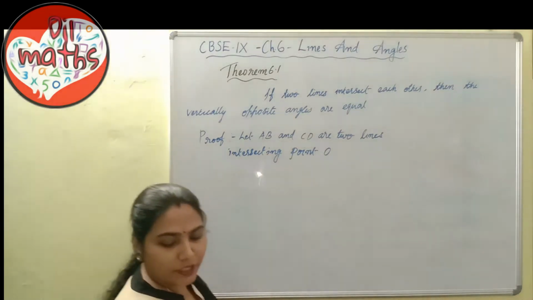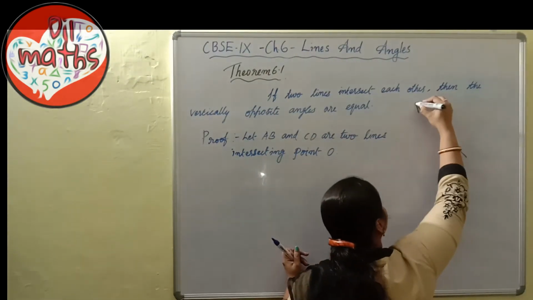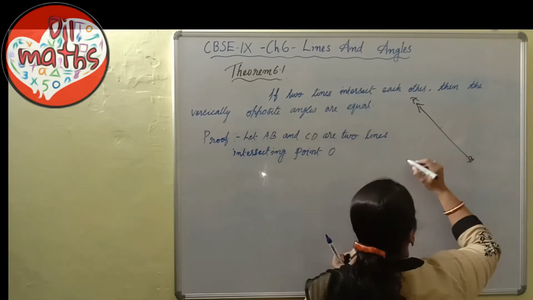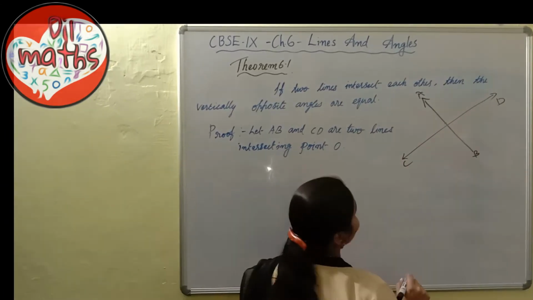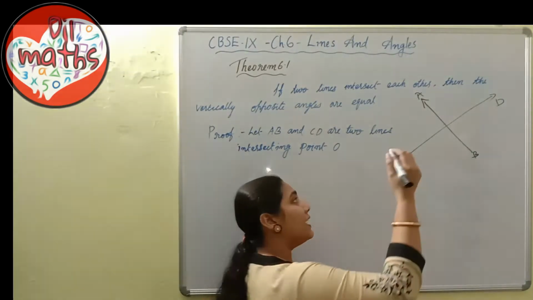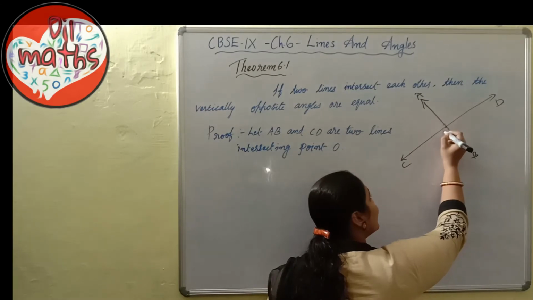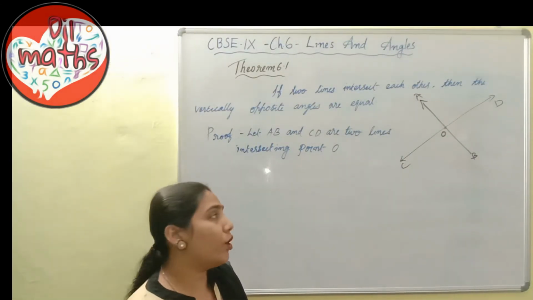Then what will be our figure? AB and CD are two lines and they are intersecting at a point O. So this is that point O. So how many vertically opposite angles are forming here?